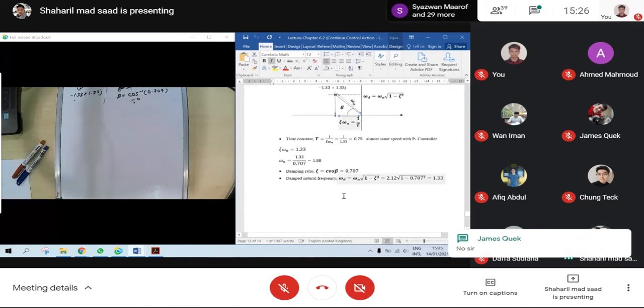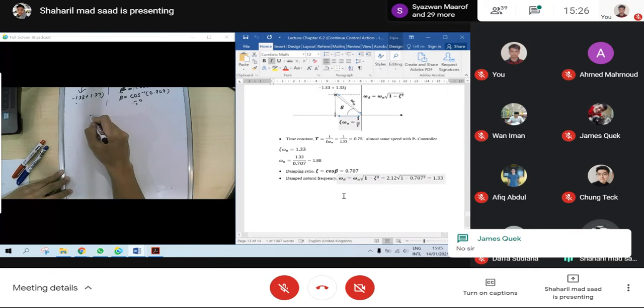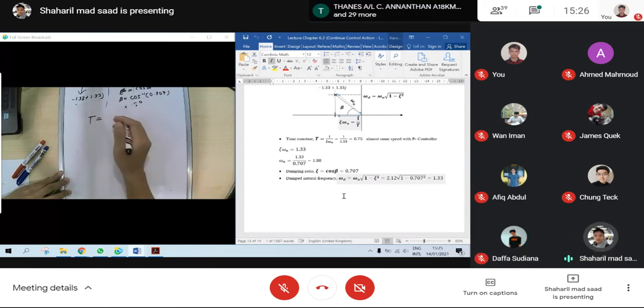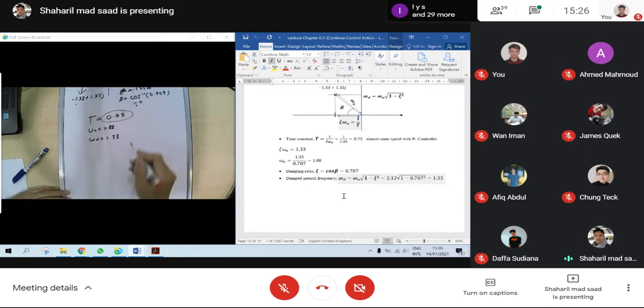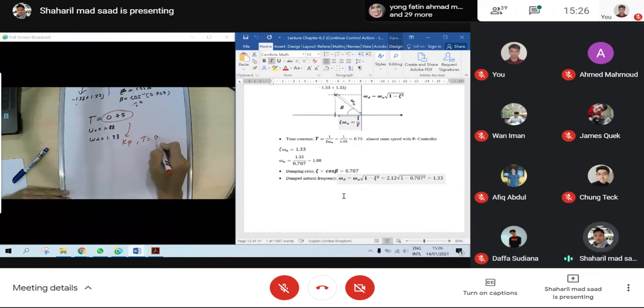Any? No? Okay. Let's look at the performance that we can get if we combine P and I. We got the information from this root. We got a time constant, and then omega n 1.88 and so on, and omega d 1.33. If you look into the time constant, before this, if we adjust the kp only, we got a time constant equal to 0.67.